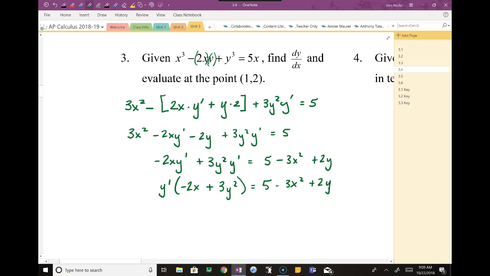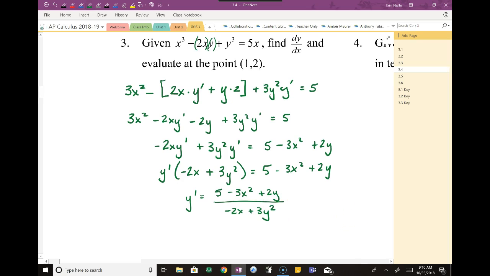Okay, so now I have that y prime being multiplied by the quantity. How am I going to get rid of it? Divide it to the other side. Good. So my y prime is going to equal 5 minus 3x squared plus 2y divided by negative 2x plus 3y squared. So that is my first derivative.